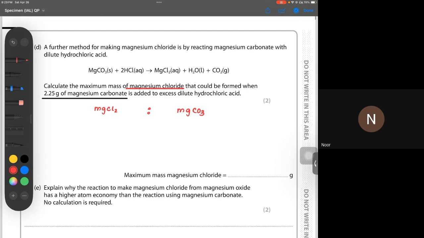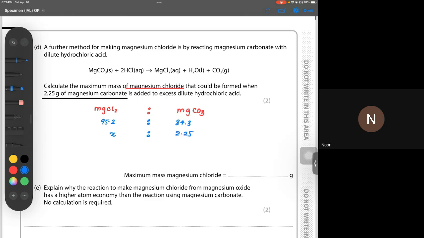MgCl2 is 95.2. Then what is carbonate? 84.3. So carbonate is 2.25 grams.